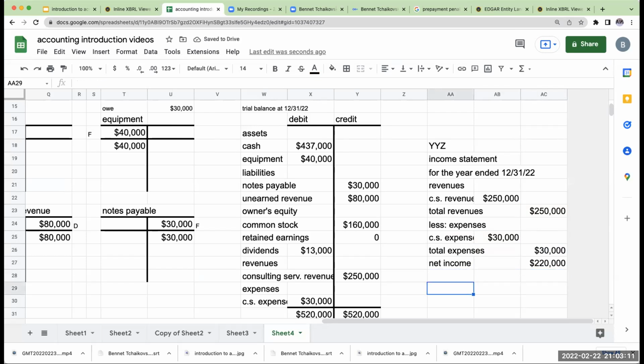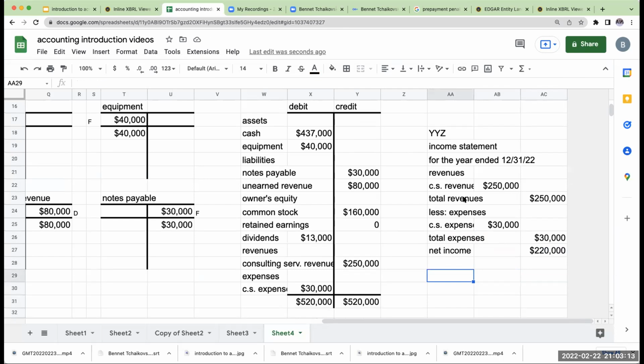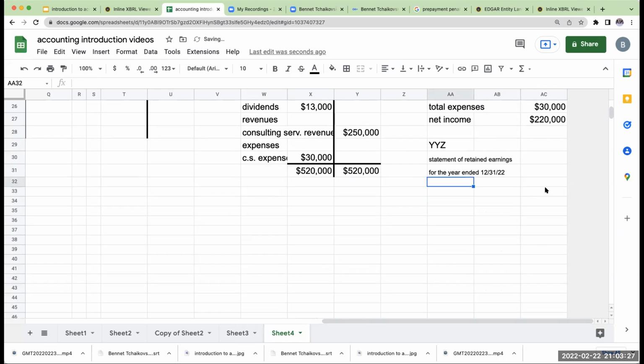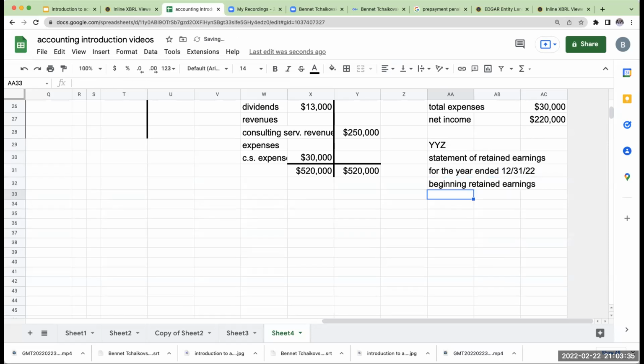Now, next thing I'm going to go ahead and do is prepare my statement of retained earnings. And this is how much of the income am I keeping? When I do a statement of retained earnings, what do I start with? I'm going to start with my beginning retained earnings, which is going to be 0, right?